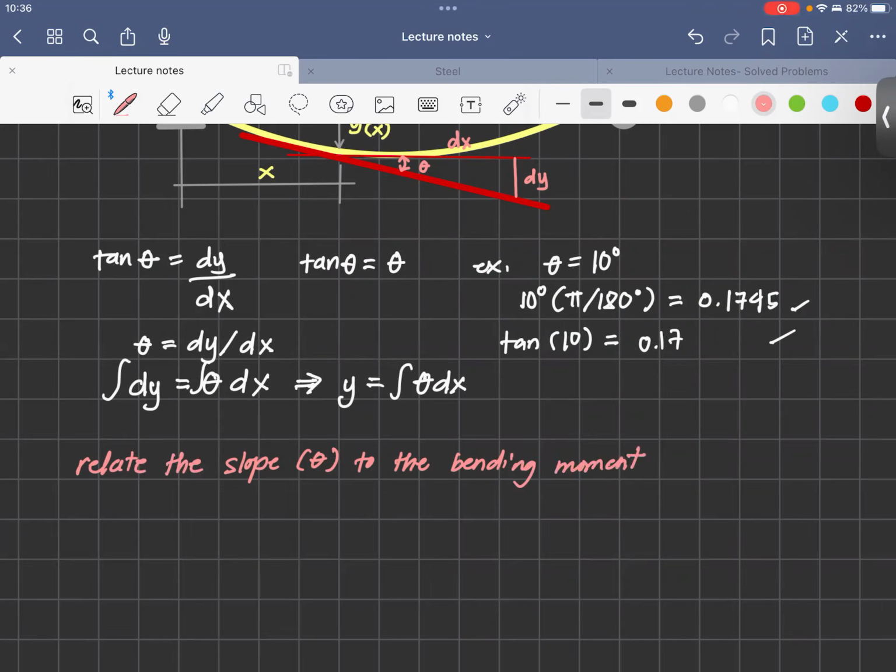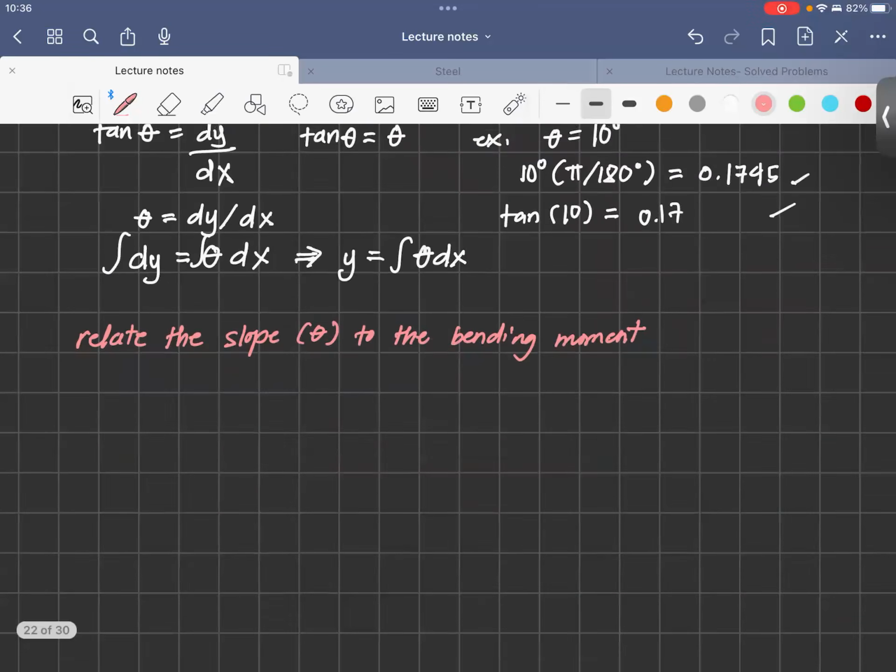To do that, I'm going to first explain the behavior of a beam once it is subjected to bending. For example, when the beam bends, let's say like this. It will bend.